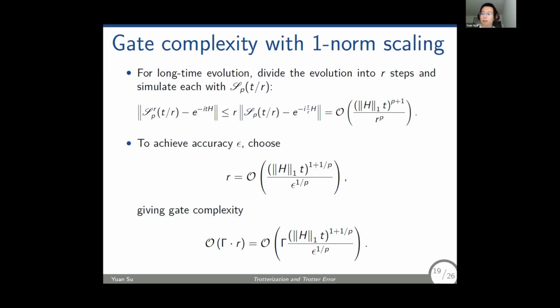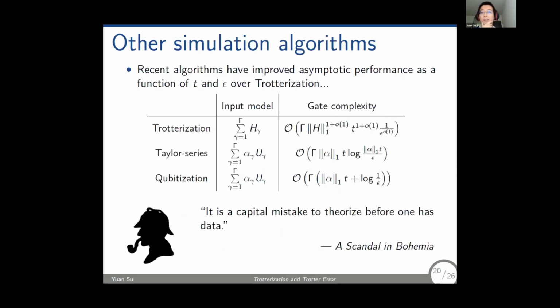Okay, I apologize that I'm probably going very fast, and hopefully you are still able to follow me. So this is basically the gate complexity of Trotterization. And since we already know there are many other quantum simulation algorithms, we can ask how it compares to them. So here's a table.